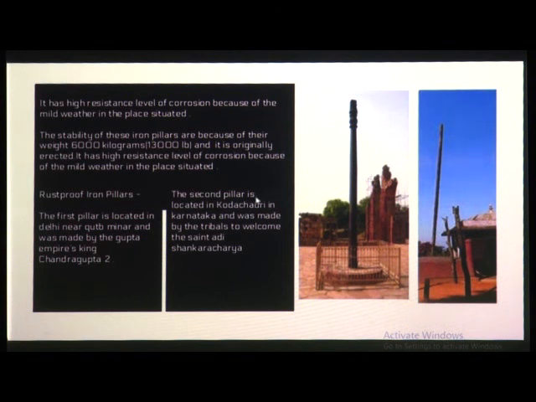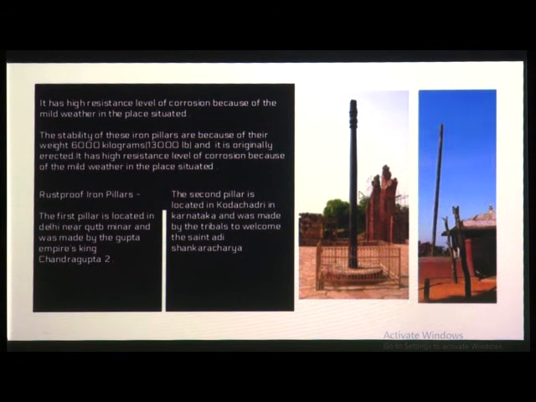You read and learn history also, so you know how old these are. The second pillar is located in Kodancheri in Karnataka and was made by the tribals to welcome the saint Adi Shankaracharya. Okay, so this is the second one.